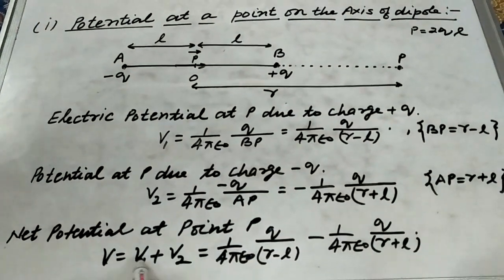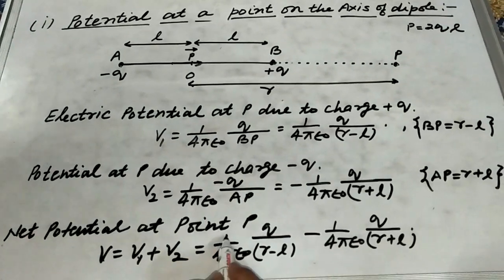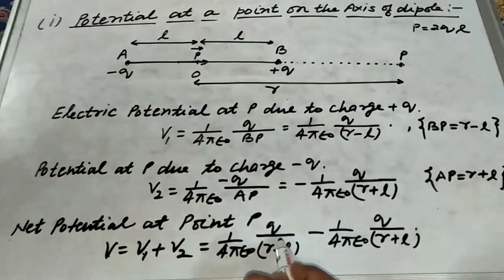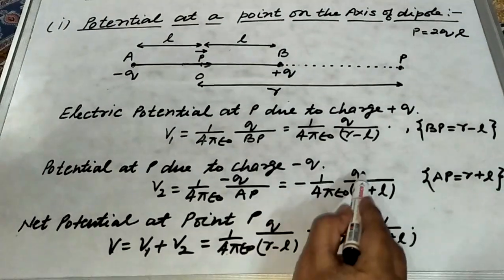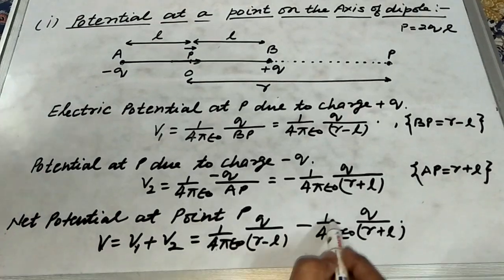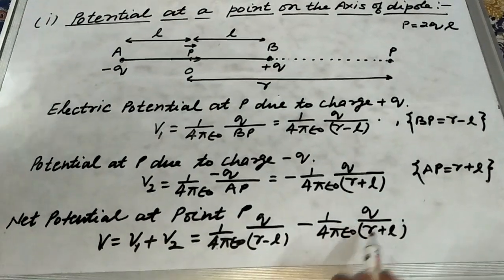So net potential V is equal to V1 plus V2, which is 1 upon 4 pi epsilon naught q upon r minus l, plus minus 1 upon 4 pi epsilon naught q upon r plus l.